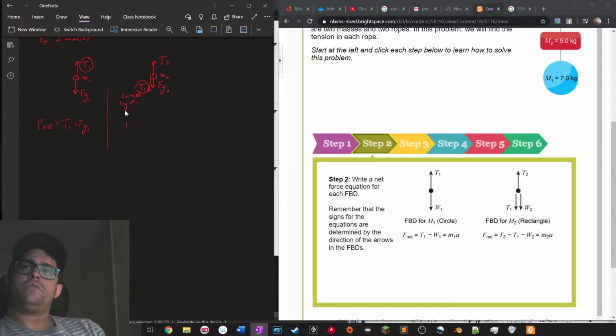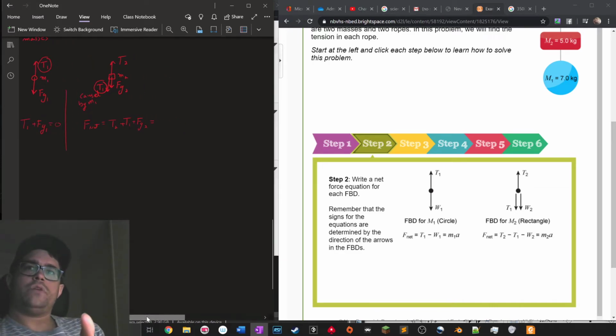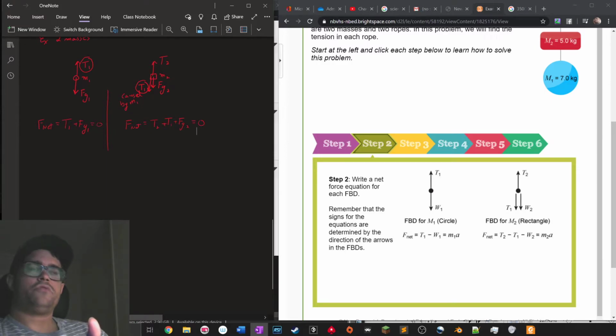And for this one, F net will be T2 plus T1 plus FG2. So these are all the forces, and they're all equal to 0 because they're all canceling out each other. And the reasoning is because there's no acceleration, right? They're not accelerating up or down by these forces.